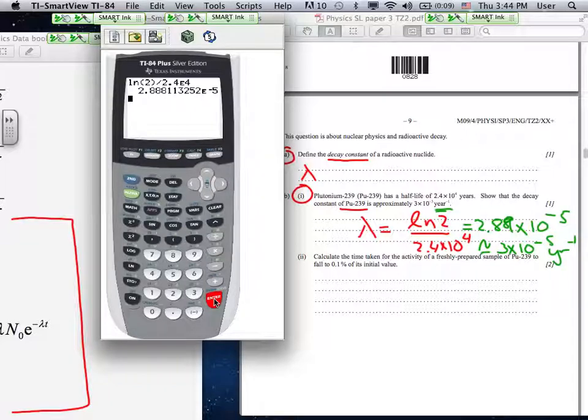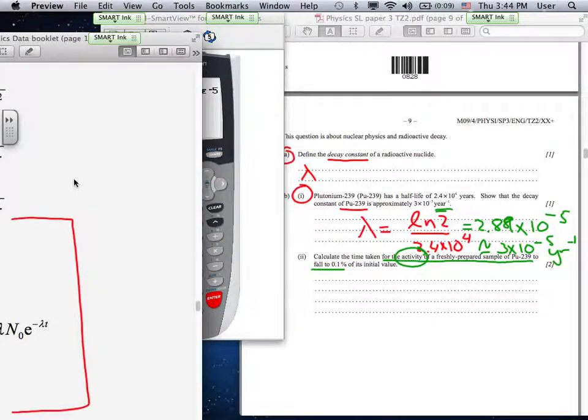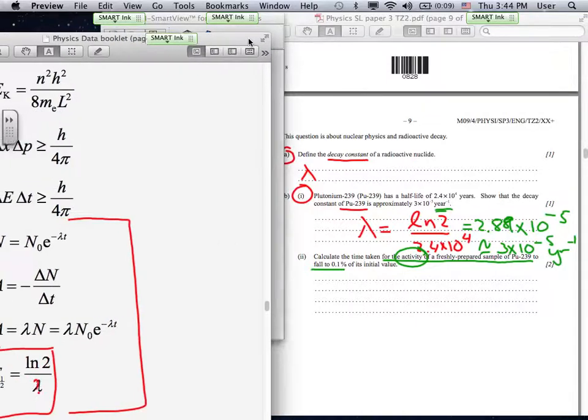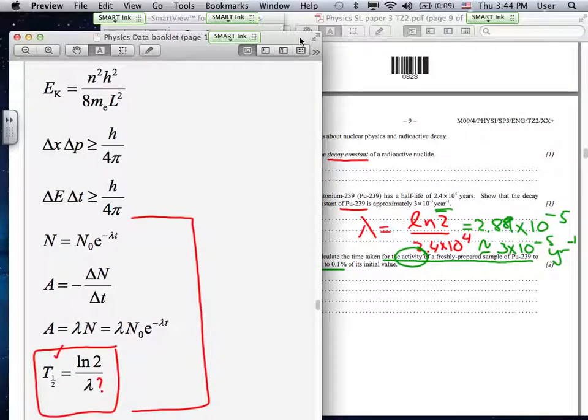And it says calculate the time taken for the activity of a freshly prepared sample of plutonium-239 to fall to 0.1% of its initial value. So we're looking at the activity is going to fall to 0.1% of its initial value. So let me bring this back out again here.